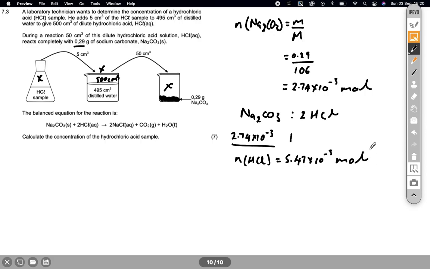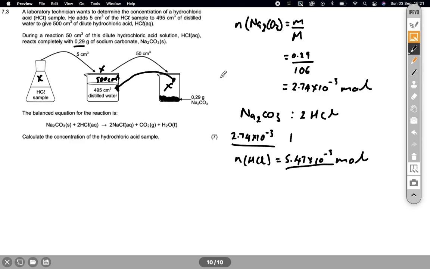Okay, now that we have our number of moles of HCl, which are in here, this means that we added this amount of moles in here. So this is the amount of moles which were in here. So we can work backwards again.